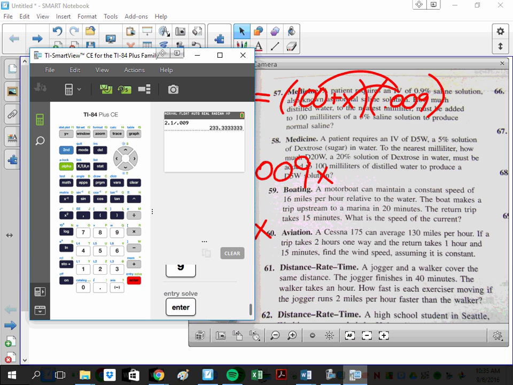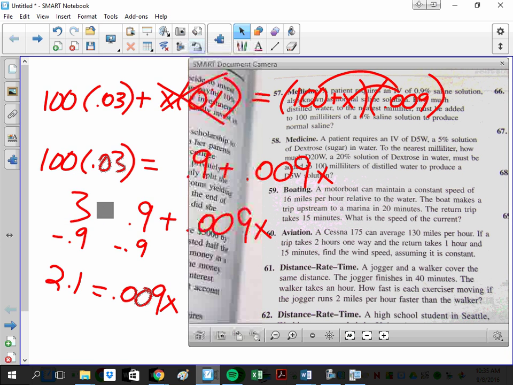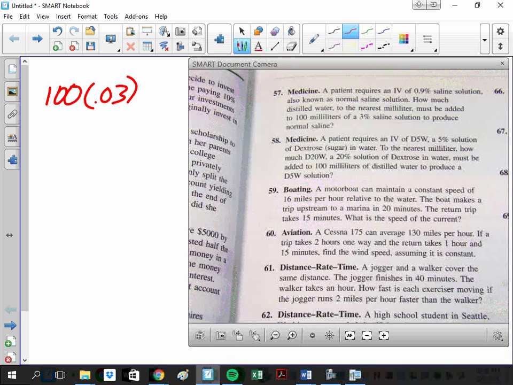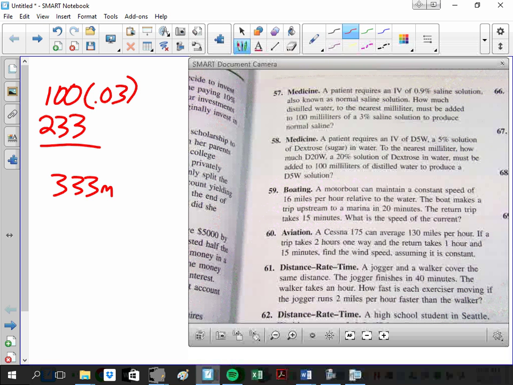Let's give it a try and see if it works. So if I go back to the original problem, 100 at 0.03, and we're going to add 233 milliliters. That gives a total of 333 milliliters. But we have the same amount of salt that we had before. We didn't add any new salt.